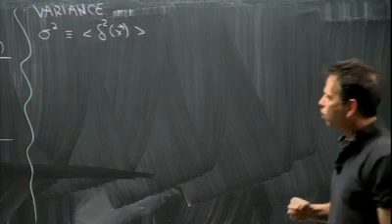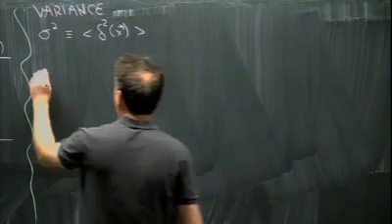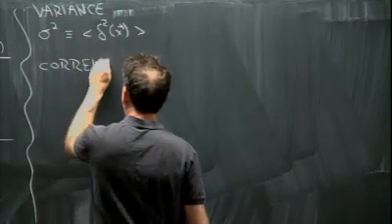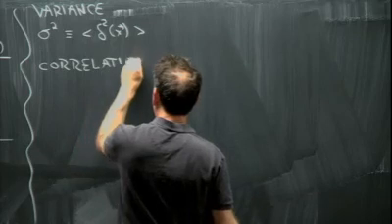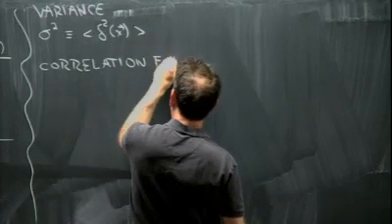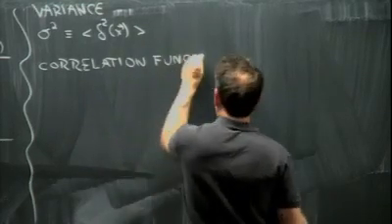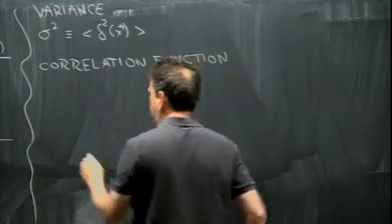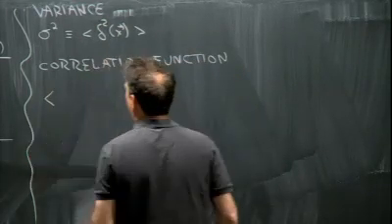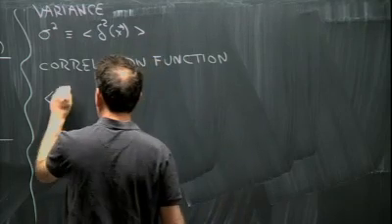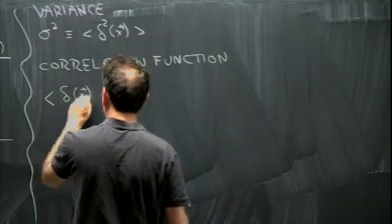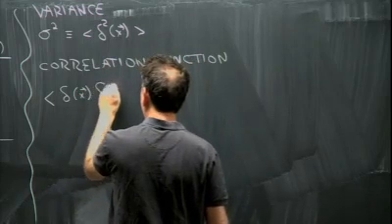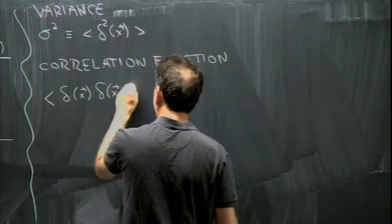A slightly more interesting quantity is the correlation function. The correlation function is defined as follows. You take the average value of delta at some position x, and you multiply it by delta at the position x plus a distance r away.